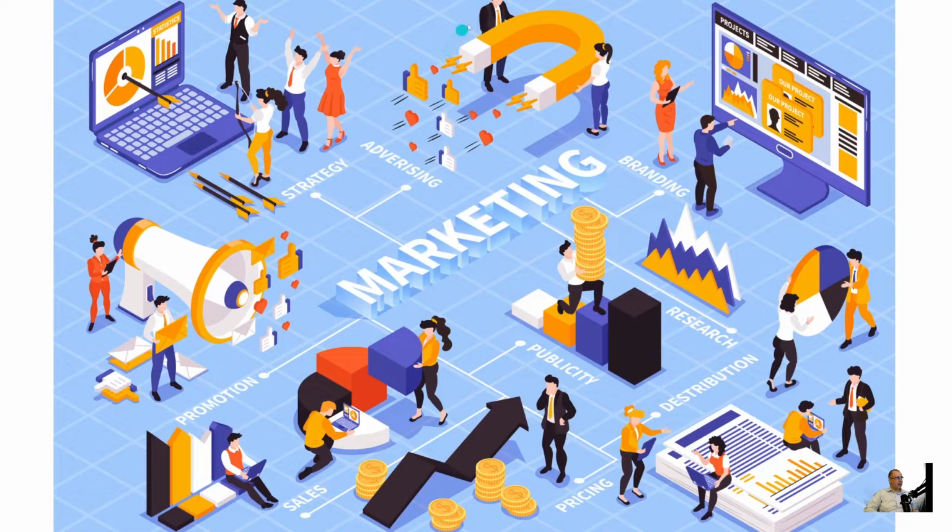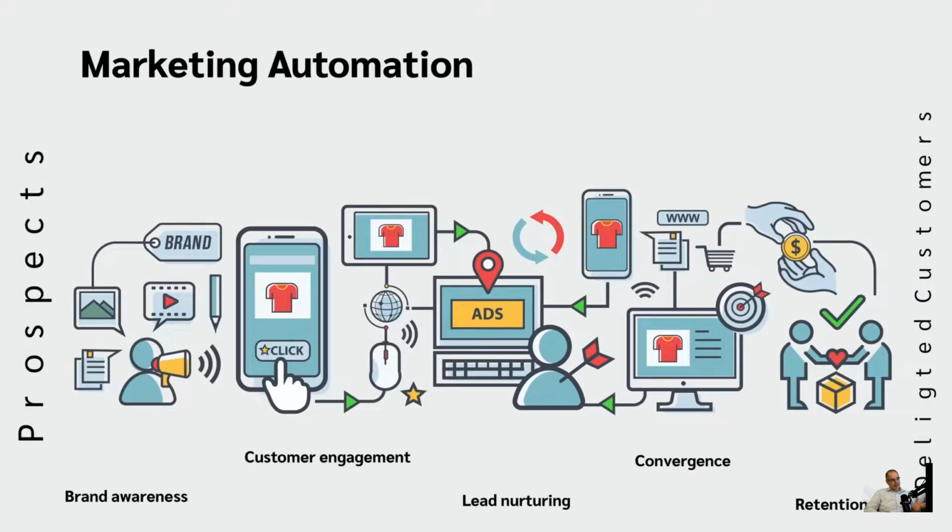And there is a magnet here, which represents the inbound strategy. I like this slide because it shows that a very comprehensive marketing machine includes outbound and inbound elements. So this is a typical automation of a sales process that happens through technology.